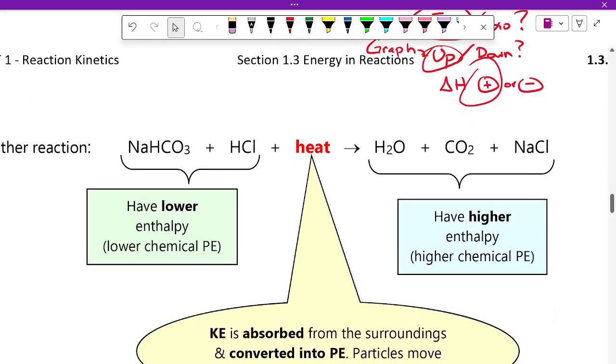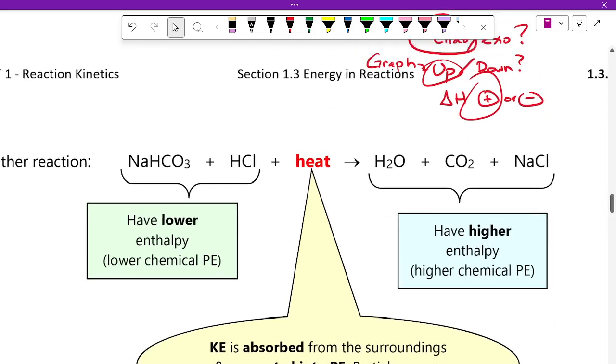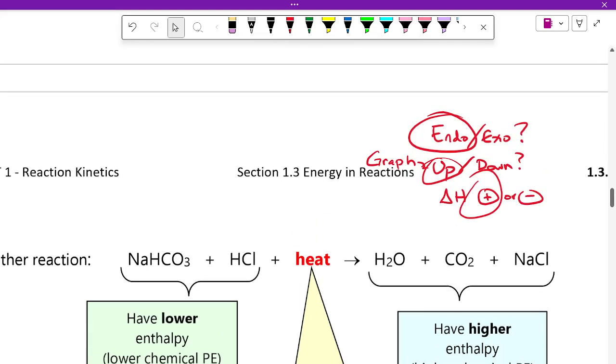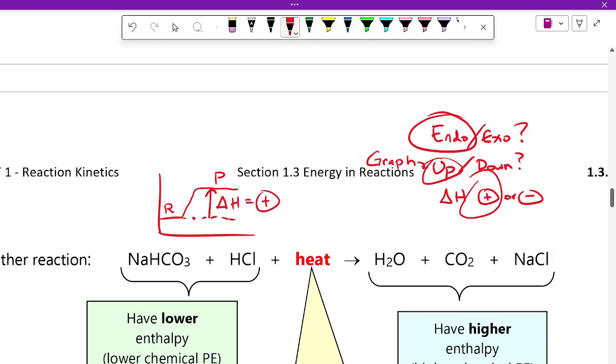All right. So if the graph goes up, you can ask, what direction would my arrow go to get from my reactants to my products? The arrow would go up. Therefore, the change in enthalpy is positive.